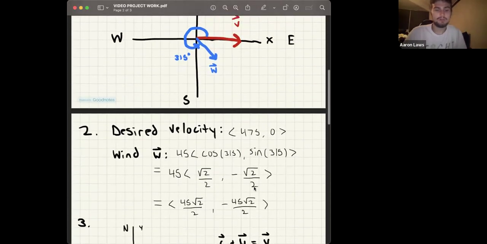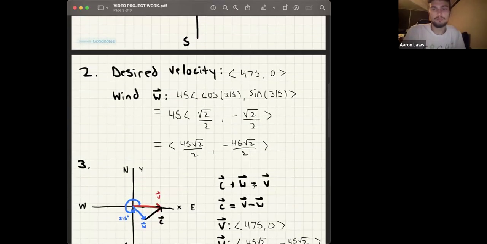For the second step of the problem, I decided to lay out the desired velocity vector and wind vector in numerical form, x and y components. The desired velocity vector ends up being 475, 0, and the wind vector ends up being 45 times square root 2 over 2, and then negative 45 square root 2 over 2.